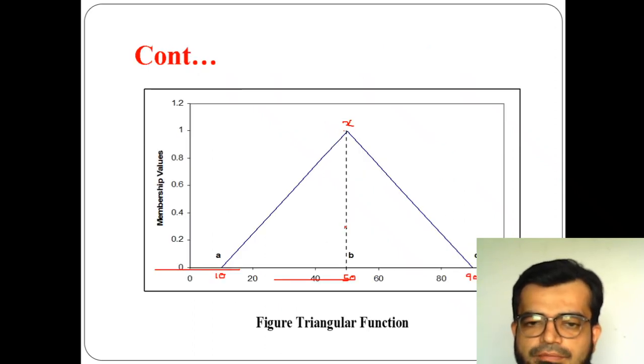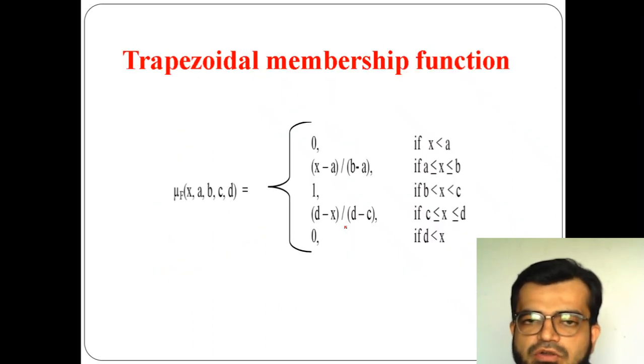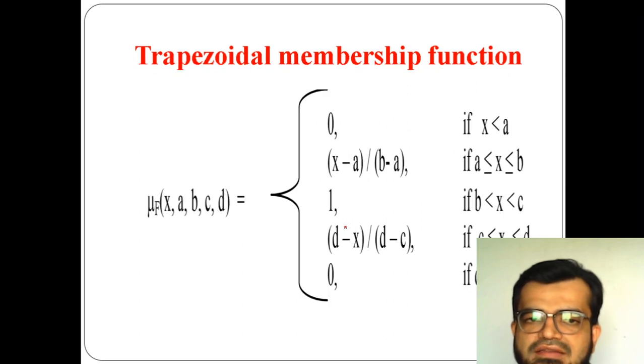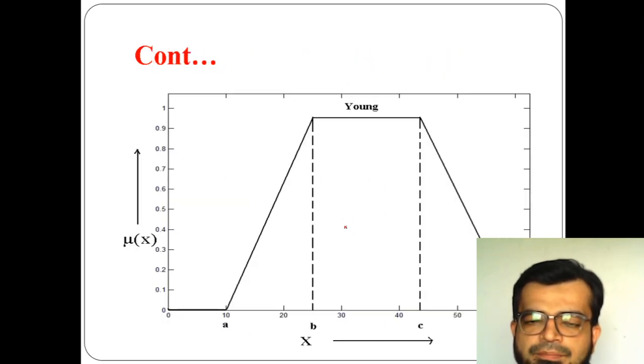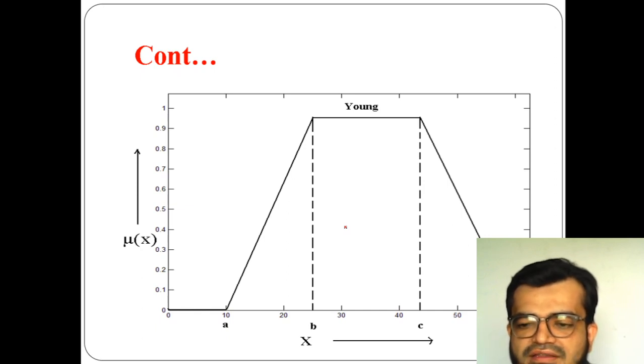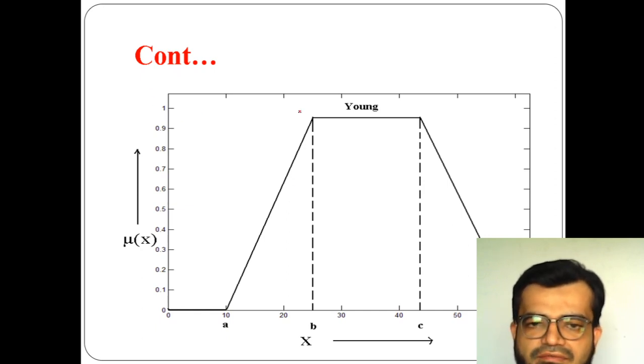Similarly, we have a trapezoidal membership. This trapezoidal is similar to the triangular, but one thing is different: for some values, from B to C, the value is 1.